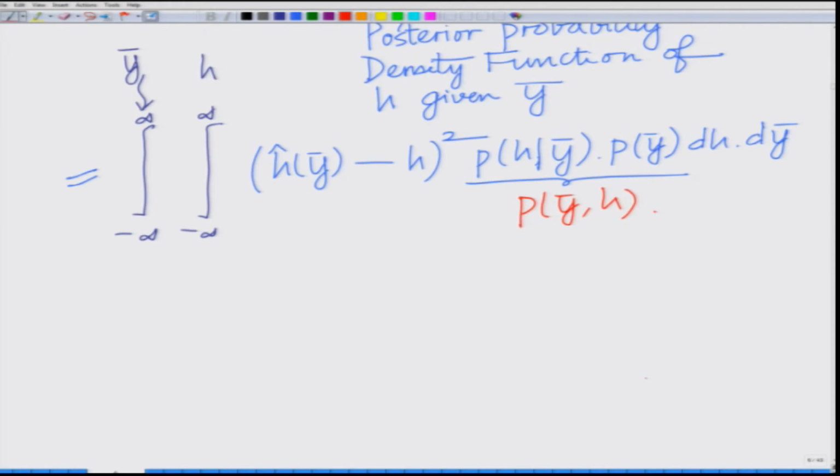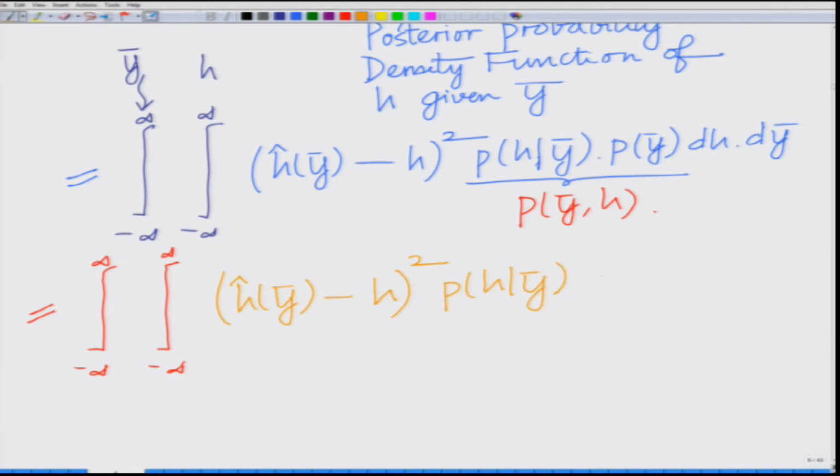And now I am going to simplify this as follows: first I write the outer integral with respect to y bar, and then the inner integral with respect to h, that is going to be h hat of y bar minus h whole square times P of h given y bar times d h, correct.